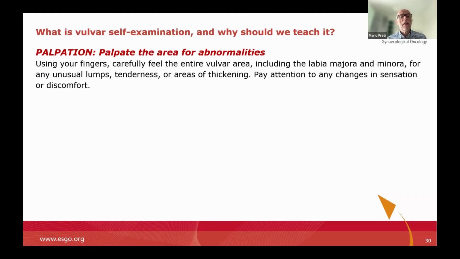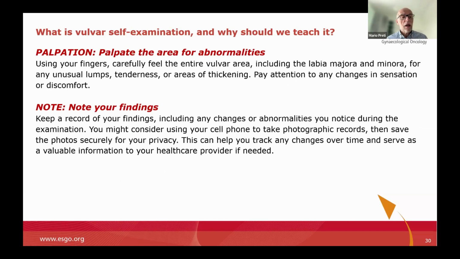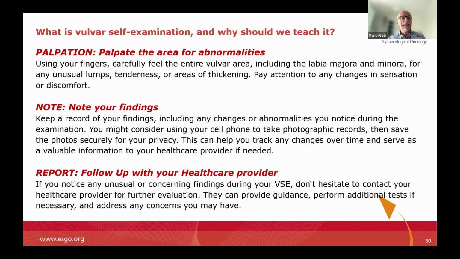Palpation: palpate the area for abnormalities. Note your findings. In our study, most of the patients that found some changes in their vulvar skin didn't report to their physician or nurses. So it's important to note and report, following up with your healthcare provider.